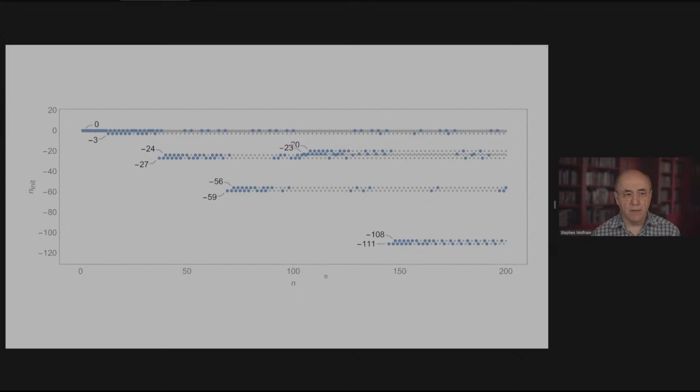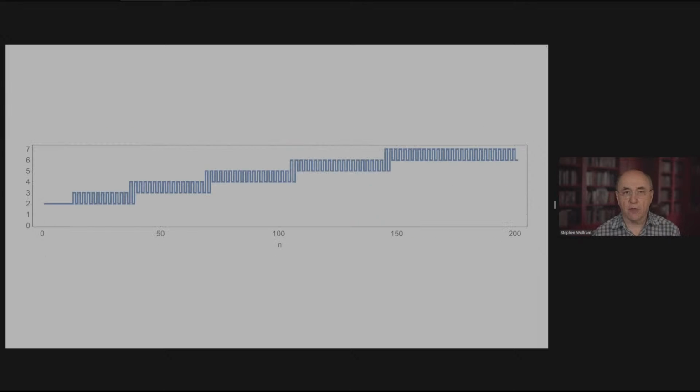So this is showing, as a function of n on the x-axis, what initial value it looks back to on the y-axis. So there's some alternation between behaviors for even and odd n, but apart from that, additional lookbacks are just steadily added as n increases. And indeed, the total number of lookbacks follows this simple pattern.